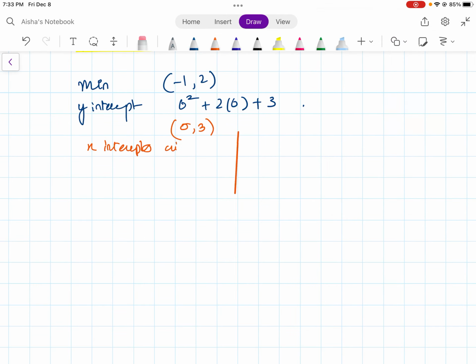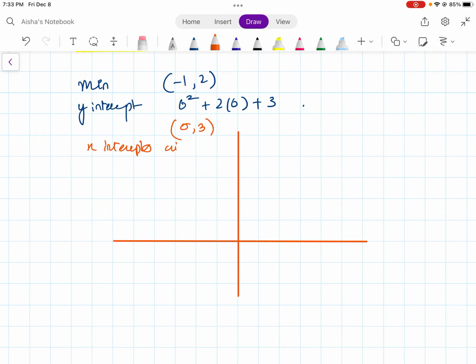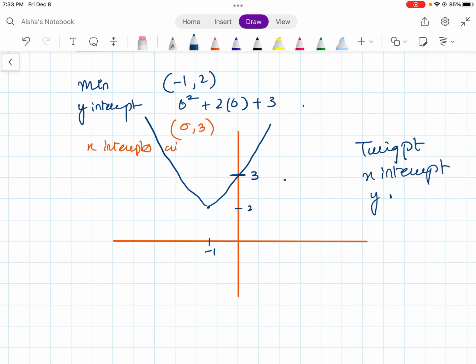So let's plot the graph. Minus 1 comma 2 will be somewhere here. This is how the graph will look like, and this will be 3. Okay? So I'm labeling the turning point, the x-intercept, and the y-intercept. These are the three most important things when it comes to sketching.